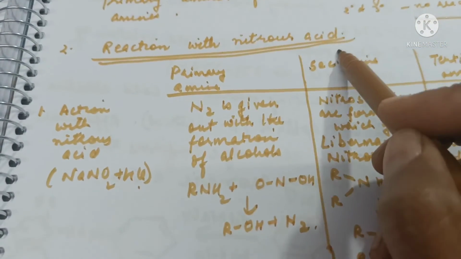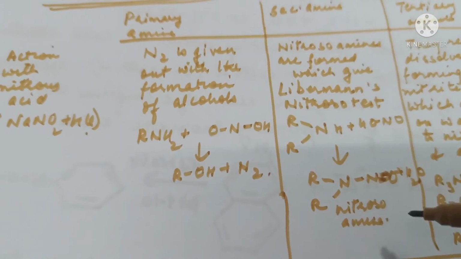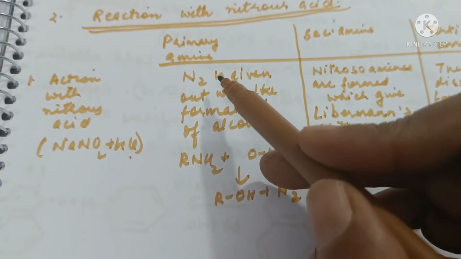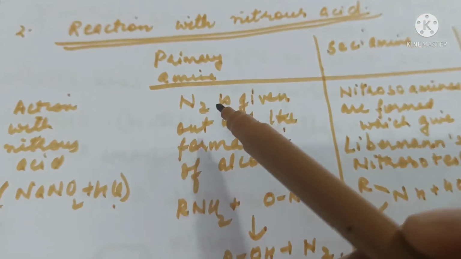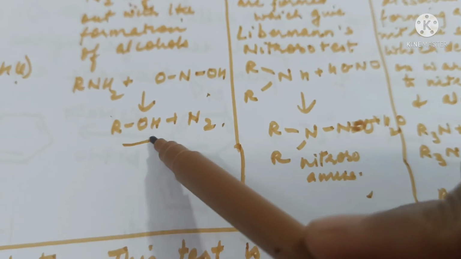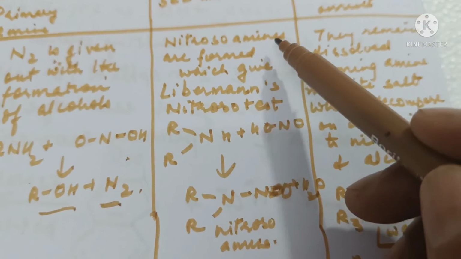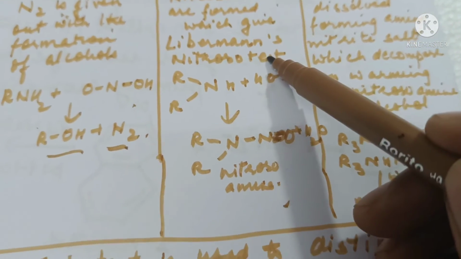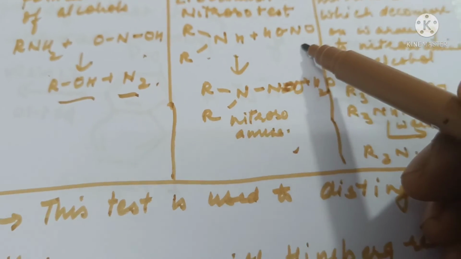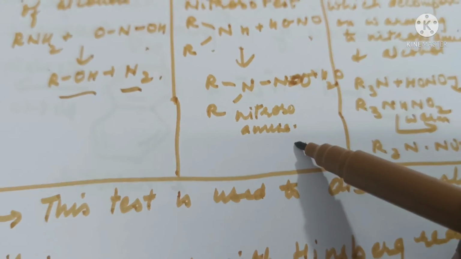With nitrous acid, the amines behave differently. Primary amines, nitrogen is given out with the formation of alcohols. Primary amine plus nitrous acid, alcohol plus nitrogen. Secondary amines, nitrosamines are formed, which give Liebermann's nitroso test. Secondary amine plus nitrous acid, nitrosamines.